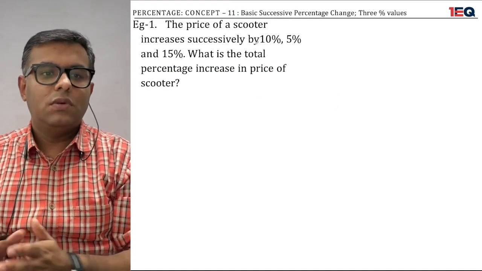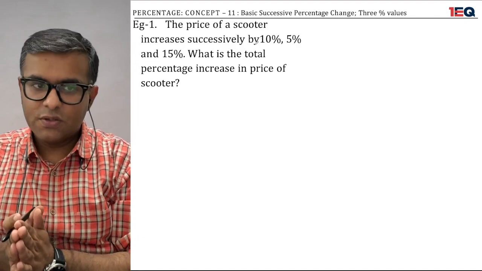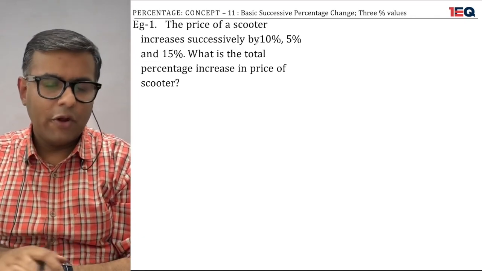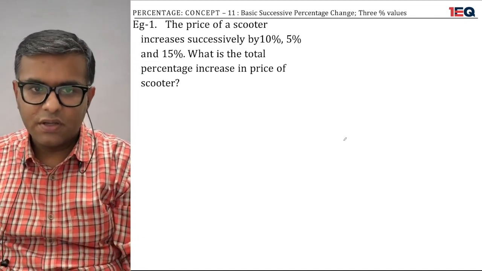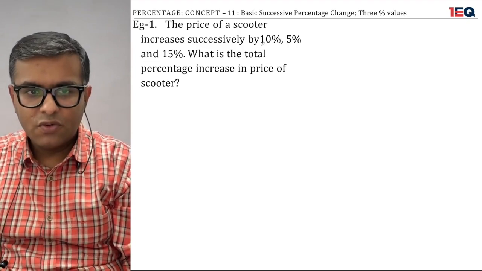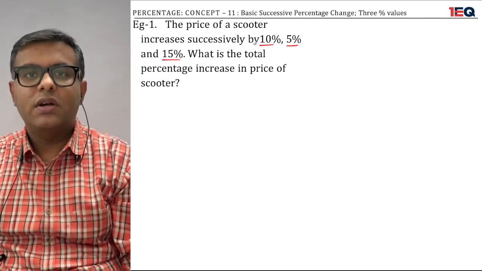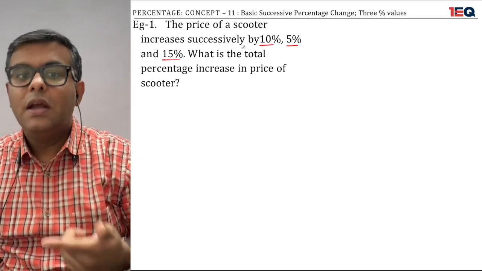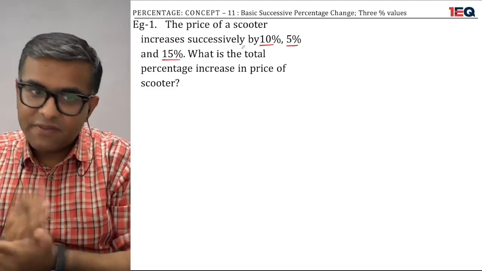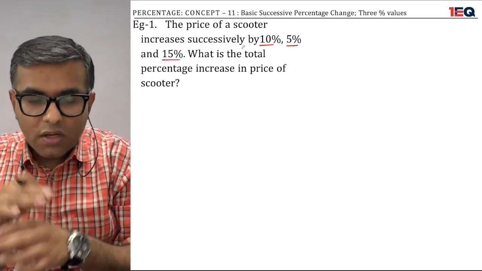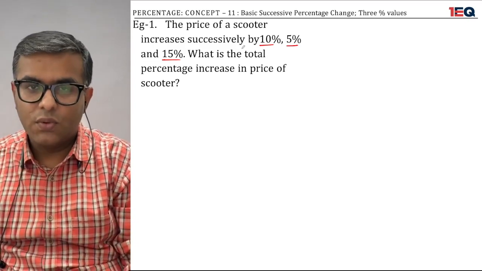Okay, so this is a question which we'll be solving. We'll be employing maybe all three methods over here, but let me start off with the most basic and the easiest one, which is option number 3. The price of a scooter increases successively by 10%, by 5%, and by 15%. What is the total percentage increase in the price of the scooter?